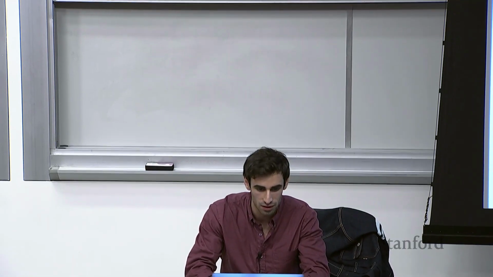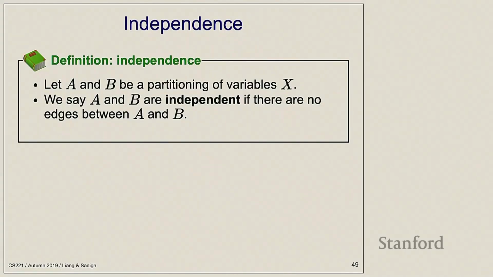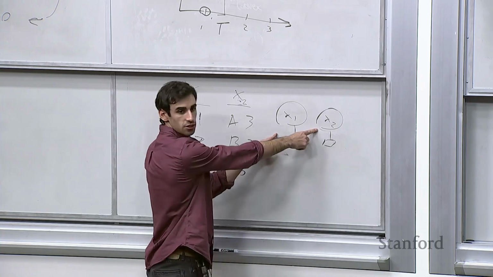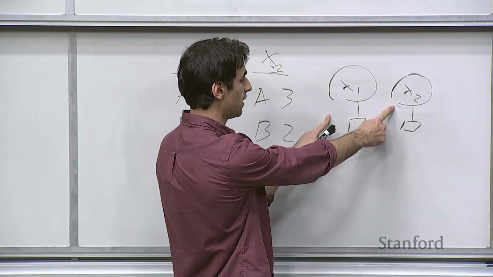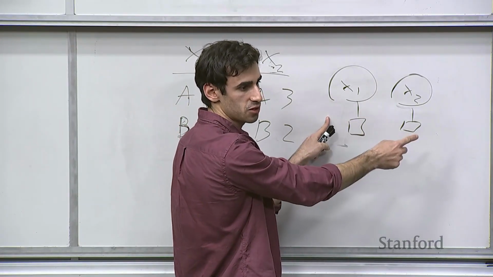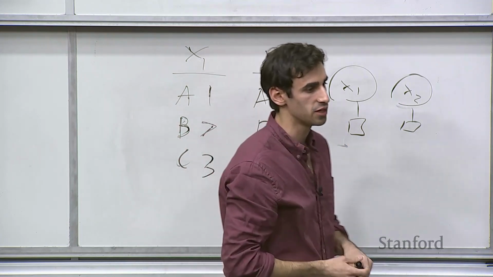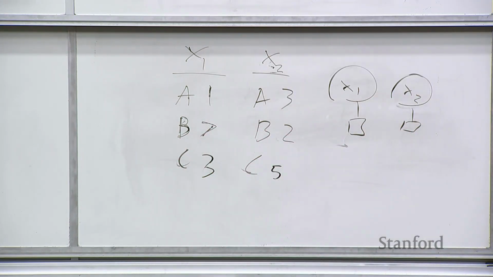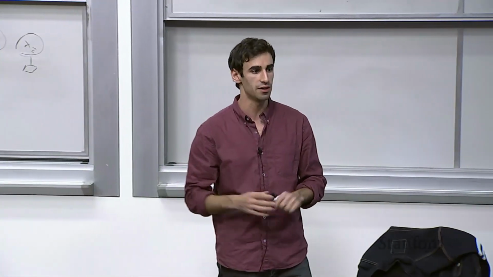And we call that property independence. So in this case, x1 and x2 are independent. The reason that they're independent is that there's no factor connecting them. There's no paths between them, and there's no edges between them. And so we call that independence. That's the same thing with Tasmania and the rest of Australia.